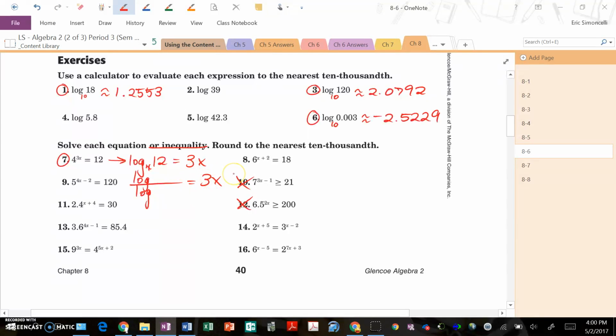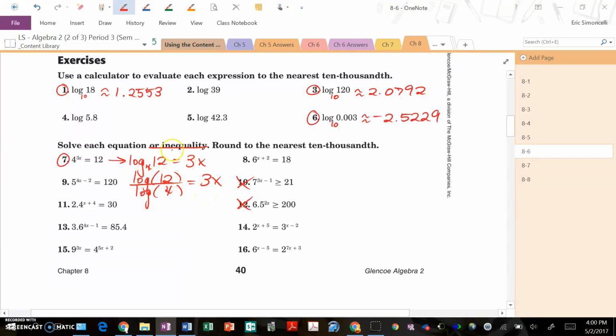I'll rewrite the problem exactly as you see it, except on the left side, instead of a single log, it's 2 separate logs. Essentially we're using base 10 for both. The numerator, the thing you're taking the log of, is the 12, while the denominator is the 4, the base.